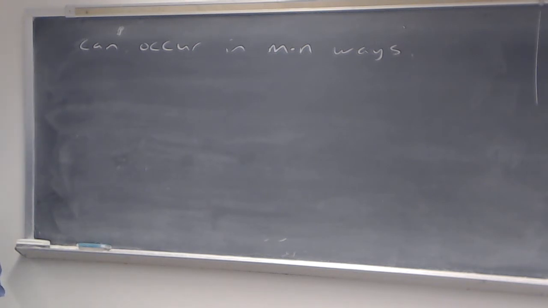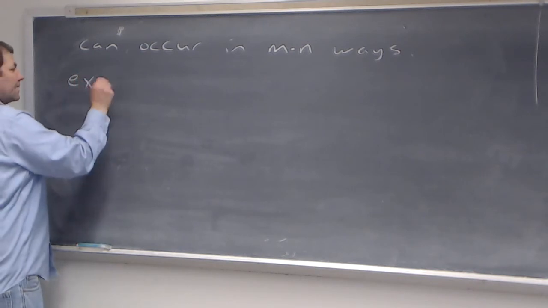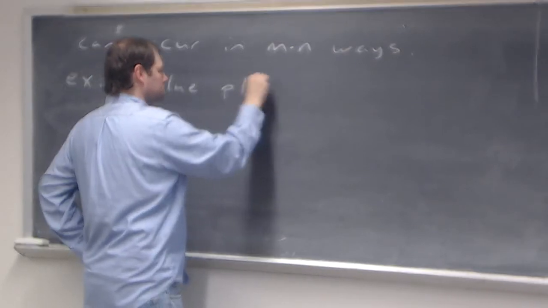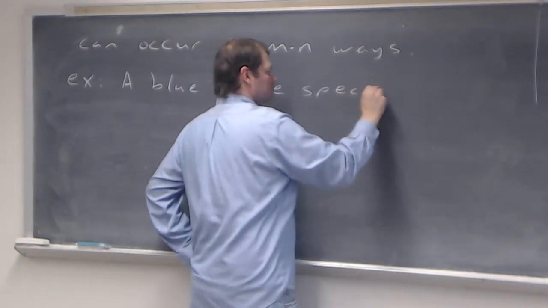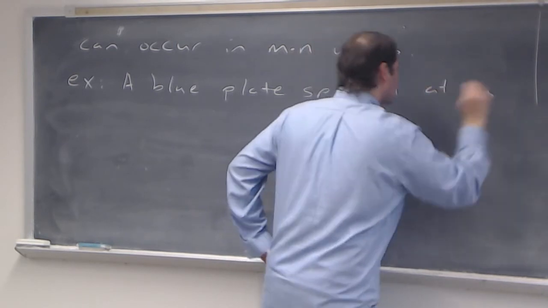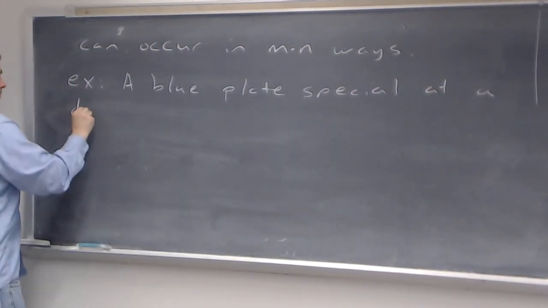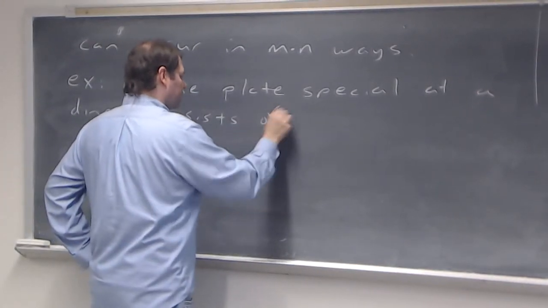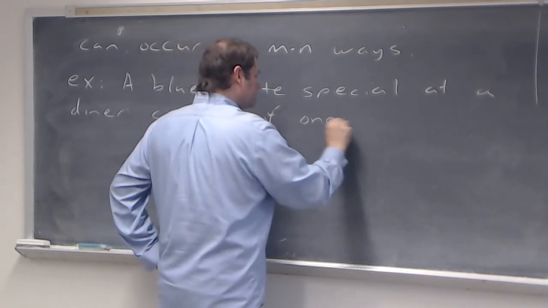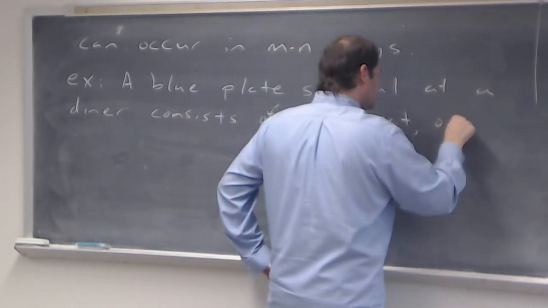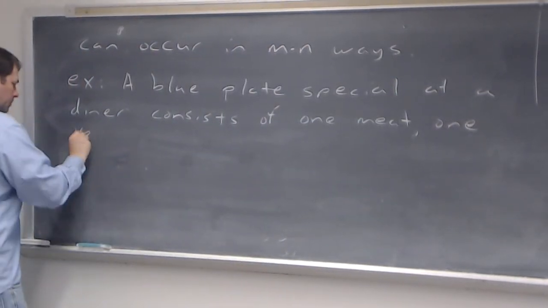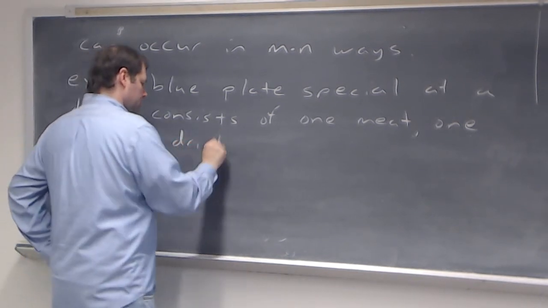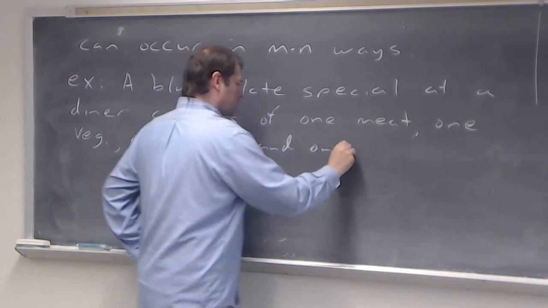I'm going to show an example of this. A blue plate special at a diner consists of one meat, one vegetable, one drink, and one dessert.